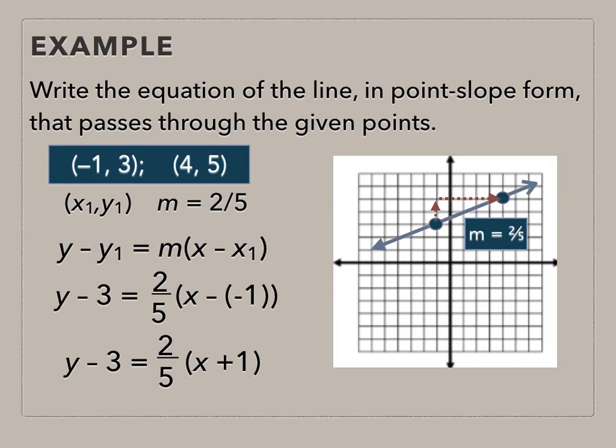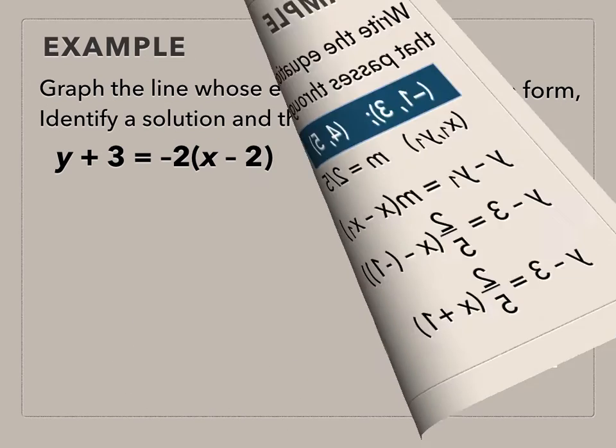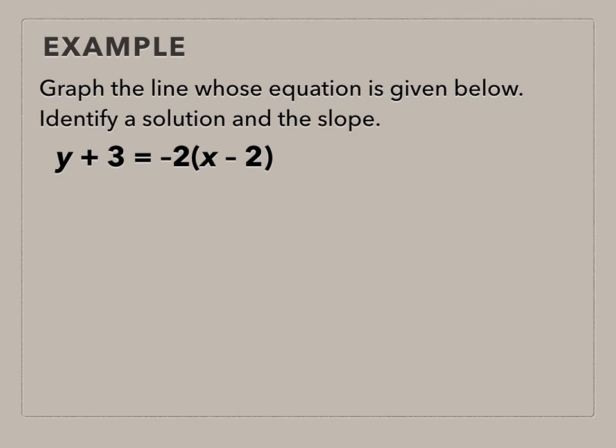All right, so now we'll go the other direction. We'll give you the equation of the line in point-slope form, and we're asking you to graph the line, identify a solution or a point that this line goes through, and its slope. All right, so a good idea is underneath the line that's given to write the point-slope form of a line.